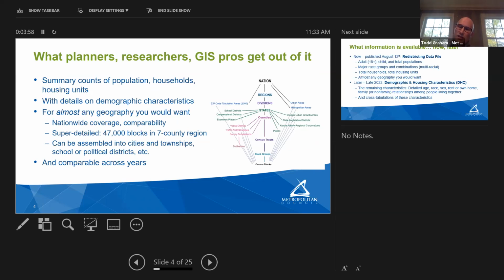Summary counts of population, households, housing units, with details on demographic characteristics, and available for almost any geography that you would want. This little graphic on the right side of the screen is the Census Geography Department's hierarchy of all the summary levels that they tabulate data for, with census blocks being the most basic down there at the bottom of the pyramid.